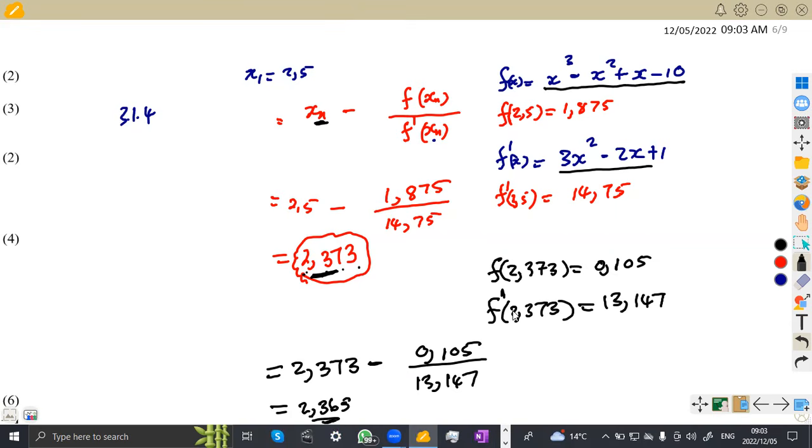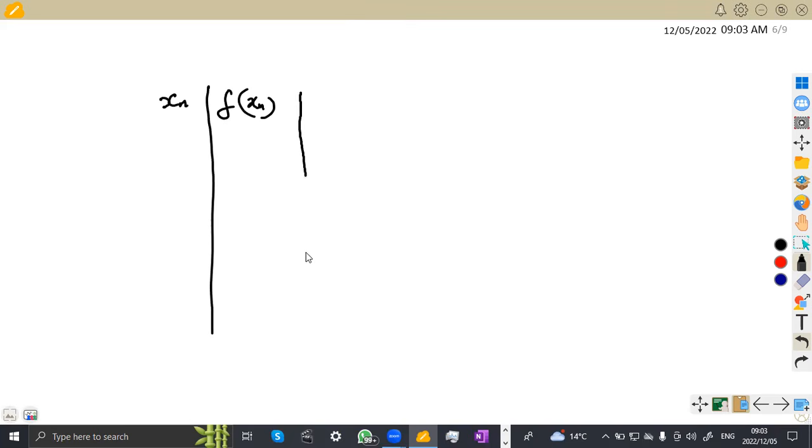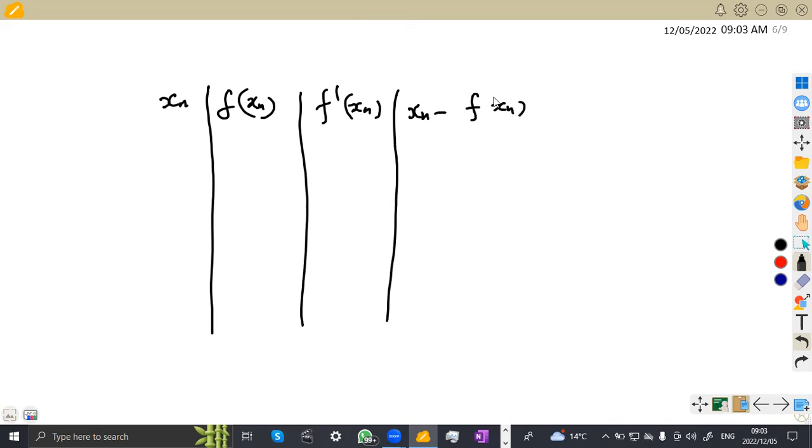So this is the second part. We applied it for the first time, then here for the second time. As for me, I actually prefer using a table like this. Let me just show you this table where I've got my xn, my f of xn, the first derivative of xn, and then my xn minus f of xn over f prime xn.